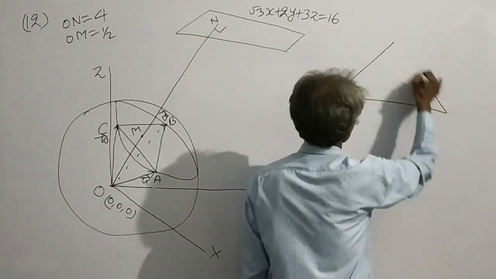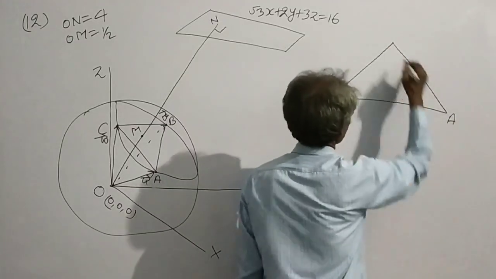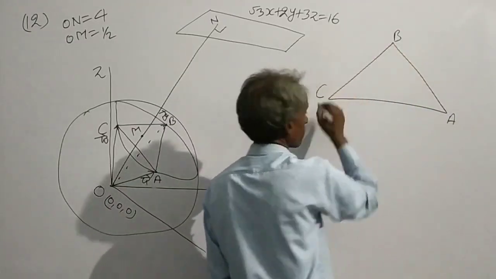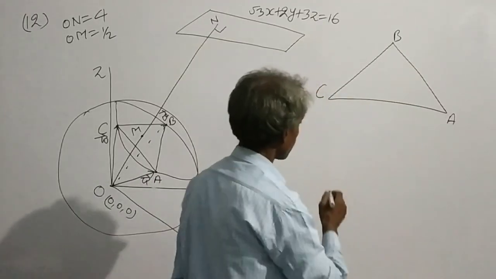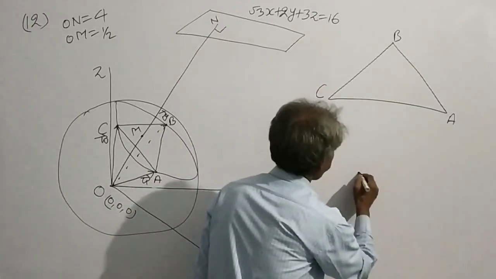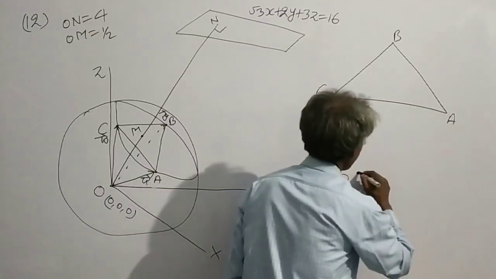ABC is an equilateral triangle. O is the origin.